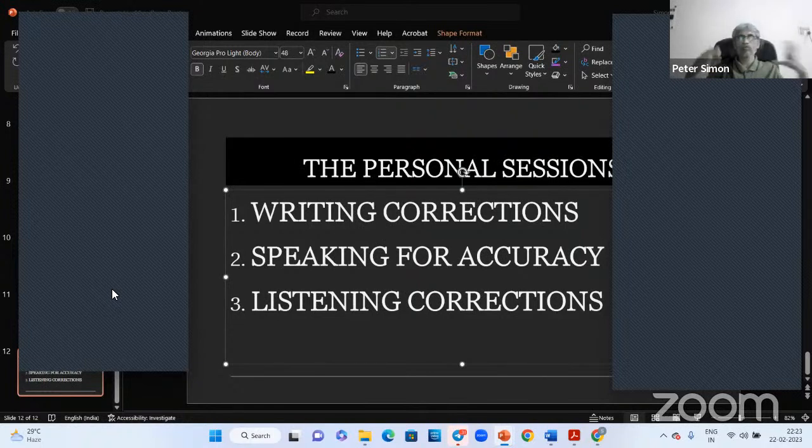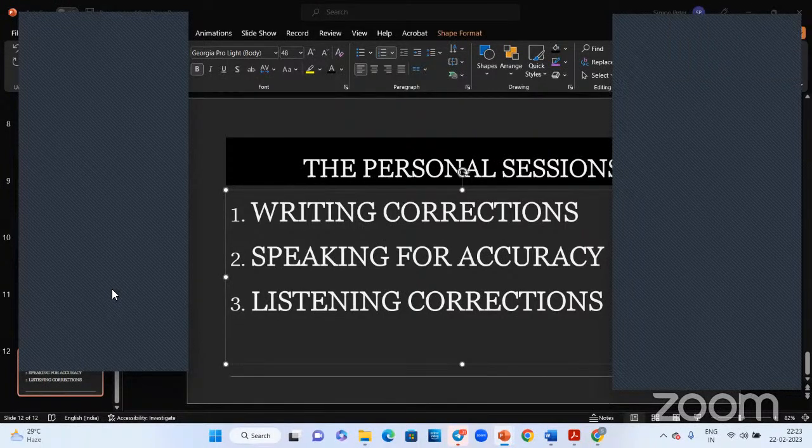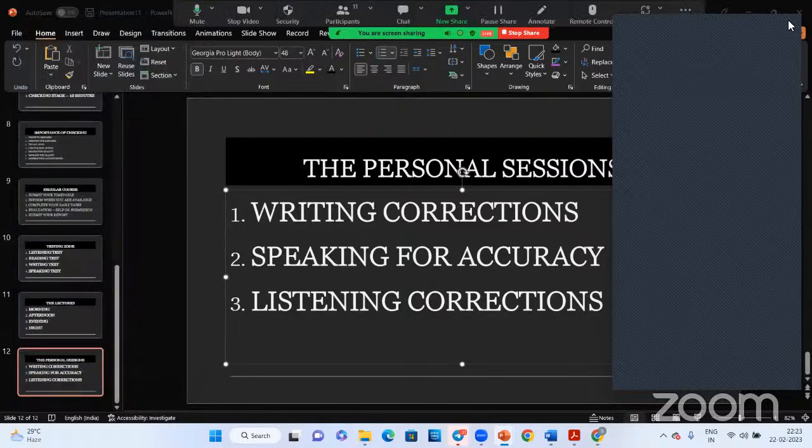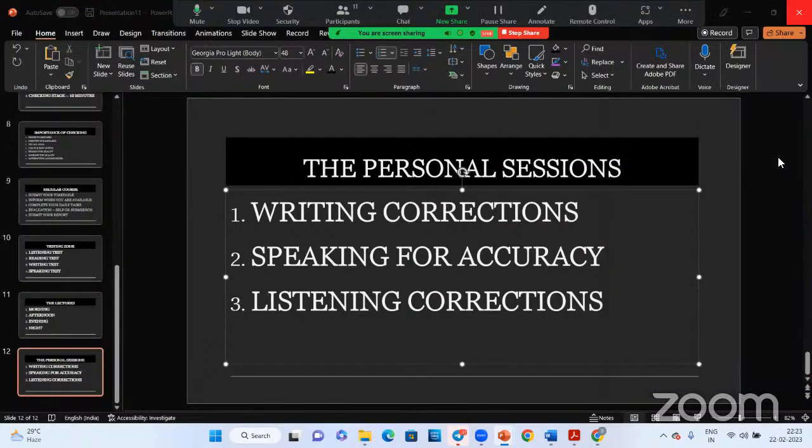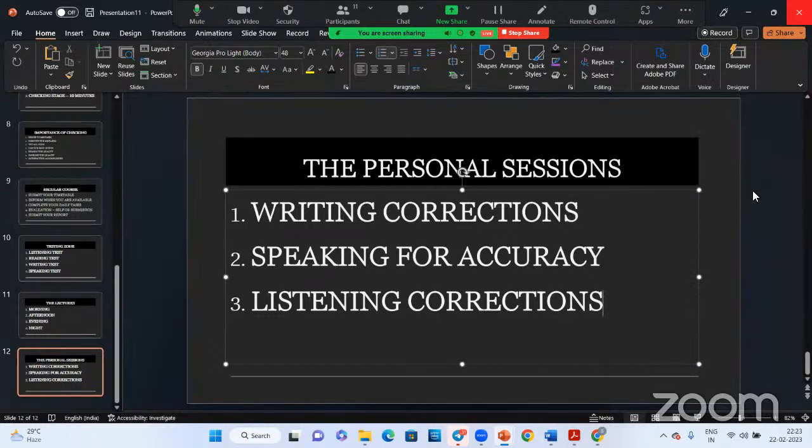Which one or two points have you grasped? We are doing OET, so we should practice daily in the correct time. Then only we can improve.